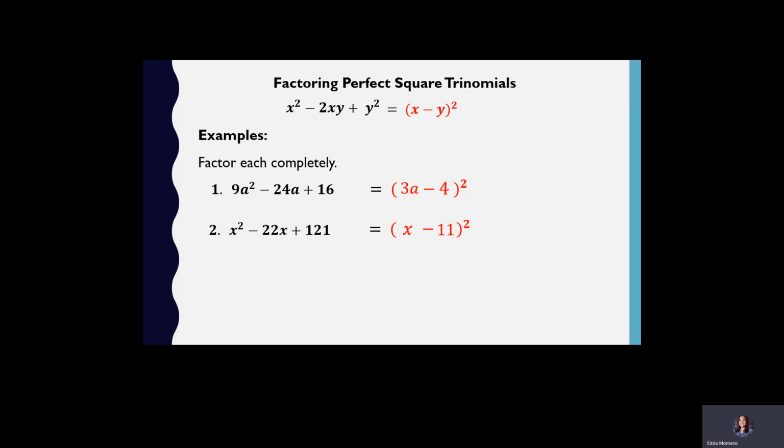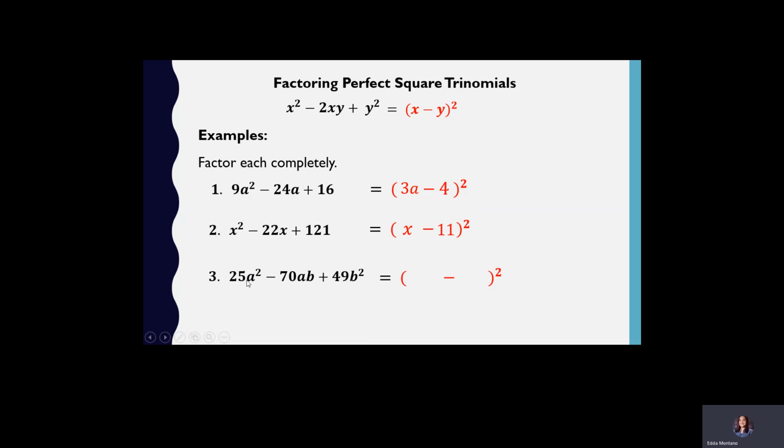Okay, let's have our final example. Now this is quite complicated, but let's still apply our knowledge about factoring perfect square trinomials. Let's factor 25a squared. Let's get the square root of 25a squared.